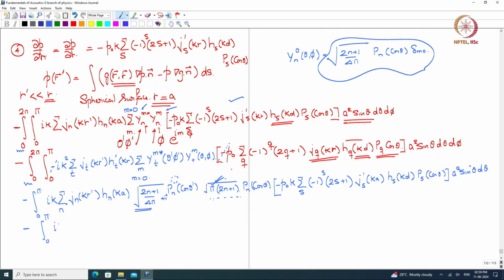So I have i k square summation over t, now jt of k r dash, the inquiry point h, so this should be a, okay, r is a, this should be a, this should also be a.